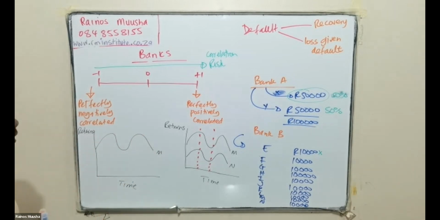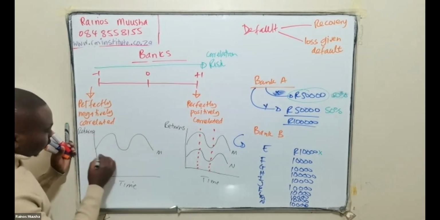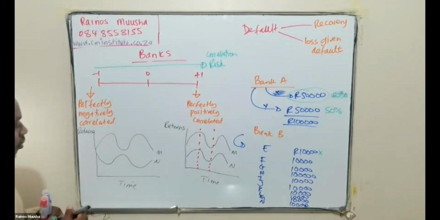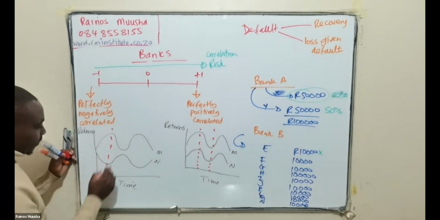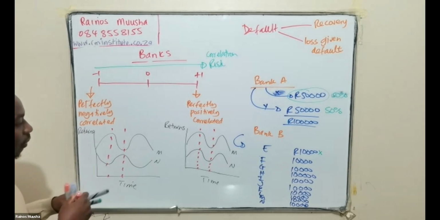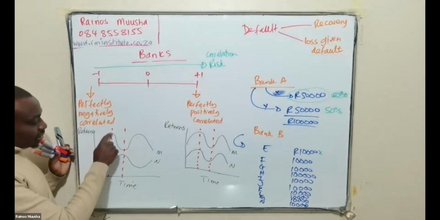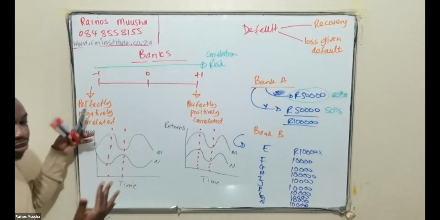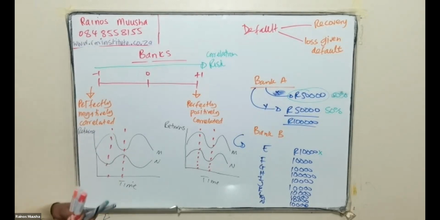If they are perfectly negatively correlated, it means when one is going up, the other one is going down. So our correlation risk is mitigated because when one is having a good investment period, the other is having a bad investment period. The net returns are going to be netting off each other, so you're not going to be overexposed to those periods of bad investment returns over time.